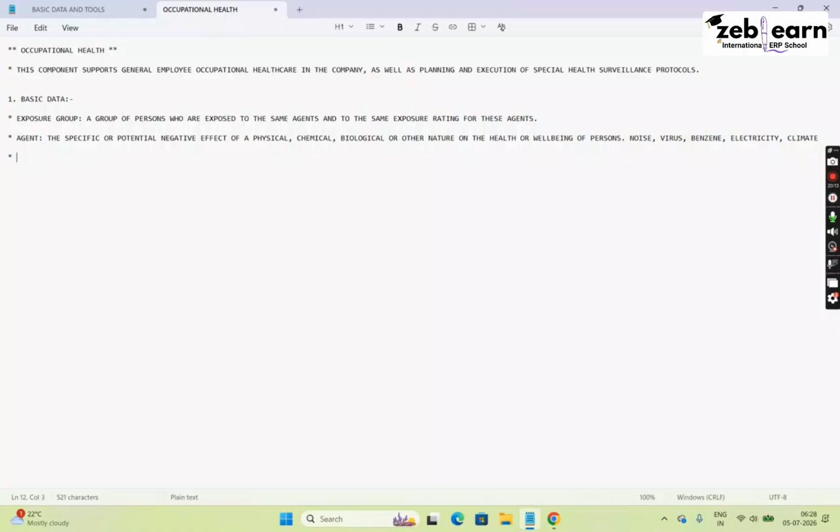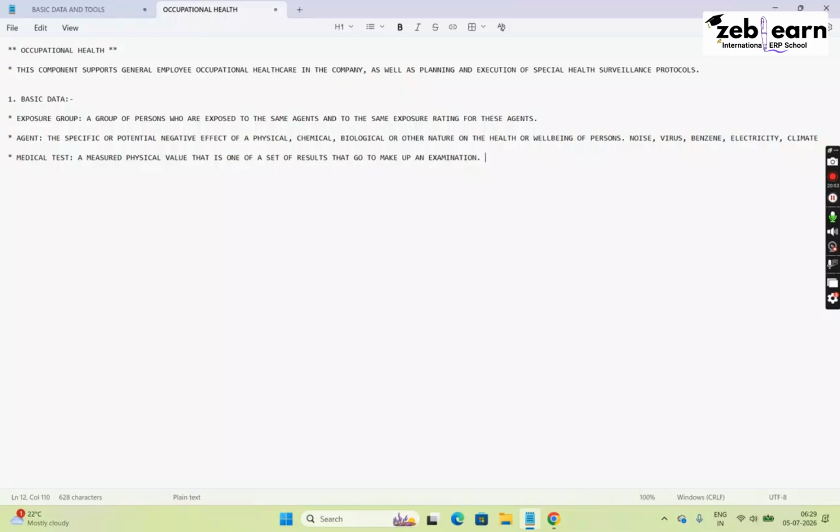Now let's move on to the third term called medical test. So what is a medical test? A measured physical value that is one of a set of results that go to make up an examination.